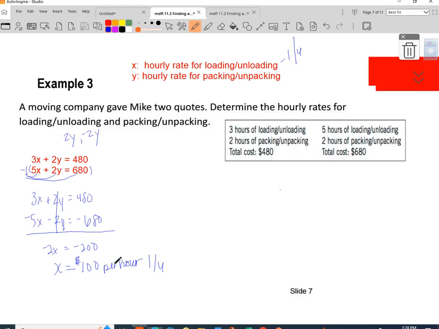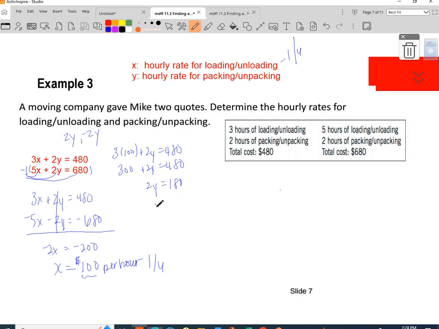All right, but I still need this to solve for my hourly rate for packing and unpacking, so I'm going to plug in 100 for X in one of these, and I'm just going to use the first one. 3 times 100 plus 2y equals 480. I'm going to simplify and start solving. Subtract 300 from both sides.